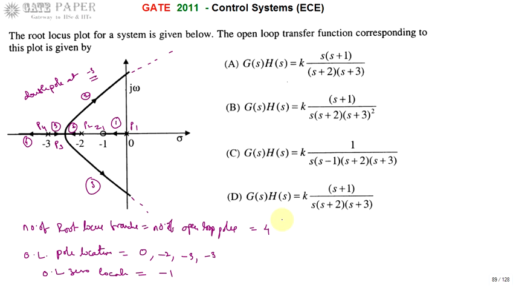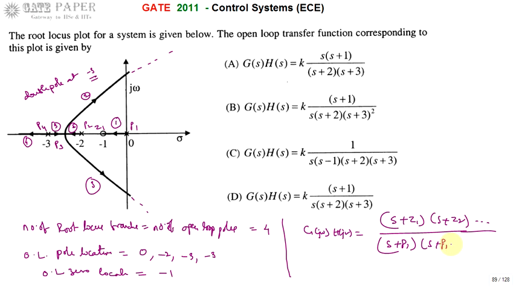So the general transfer function from the root locus can be written like this: G(jω)H(jω). The open loop transfer function can be written as K times (s + z1)(s + z2) divided by (s + p1)(s + p2) and so on, where K is the system gain.